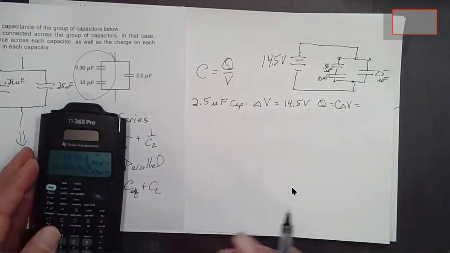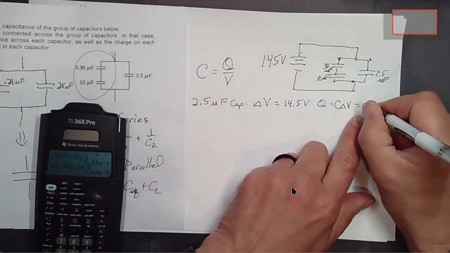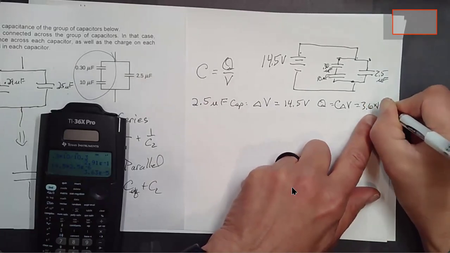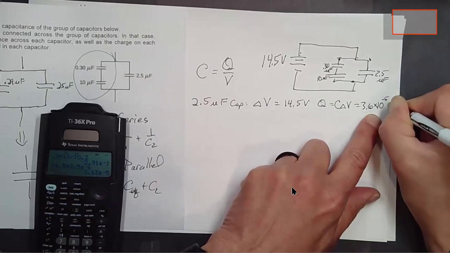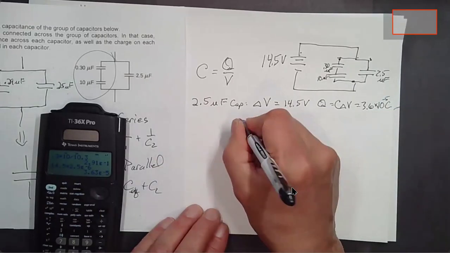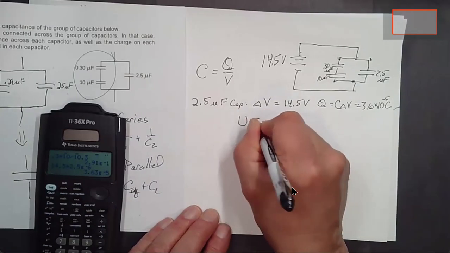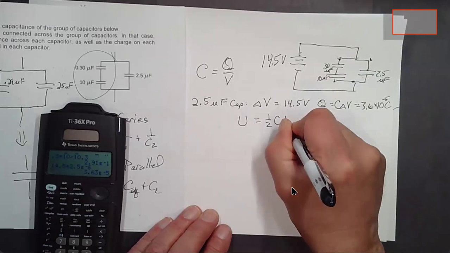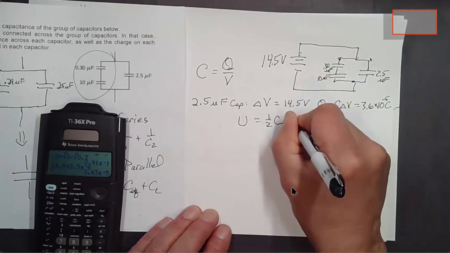So I get 3.6 times 10 to the minus fifth coulombs for the charge on that one. And the energy stored in that one will equal 1/2 C delta V squared.